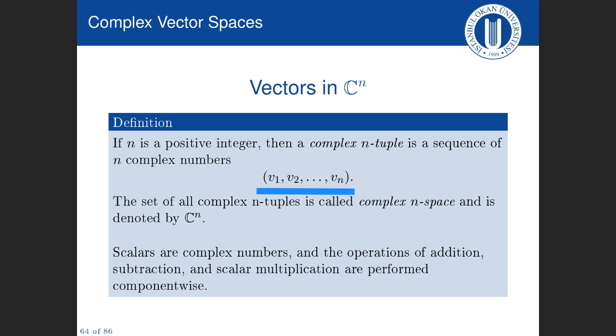And then the set of all of the vectors like this is called complex n-space, and we write it as C^n. When we talk about complex vector spaces, the scalars are going to be complex numbers, and anytime we do addition, subtraction, or scalar multiplication, we're just going to be doing these component-wise.